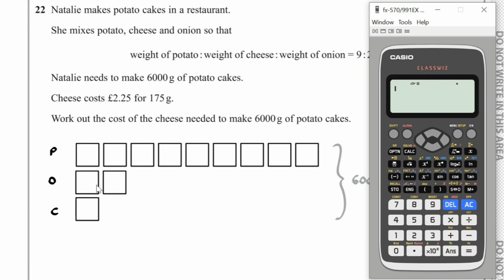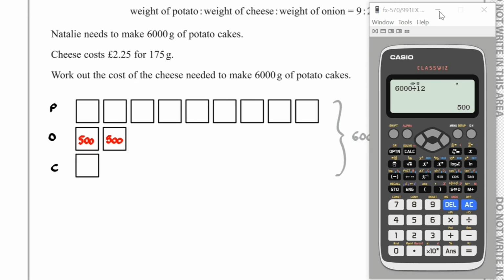So each box is going to be worth 6,000 divided by 12, which is 500. So I've got 500 here and 500 here for cheese. And each box is going to be worth 500.